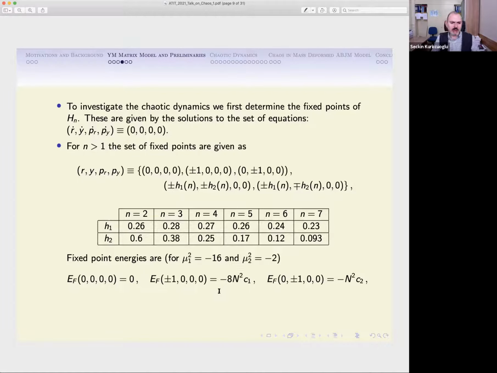So what we will learn from here is the following. You see that one of these fixed points has 0 energy, but I told you that C1 and C2 and all C's are positive. So you see that these fixed points have negative energy.